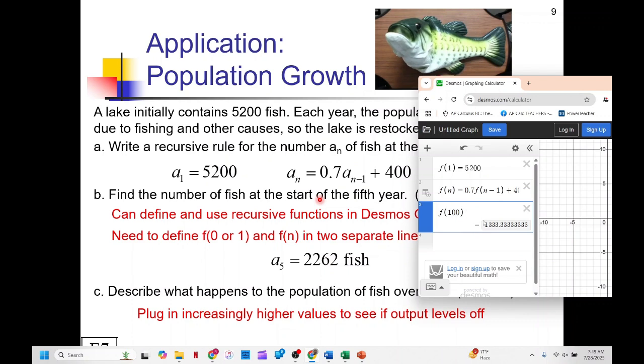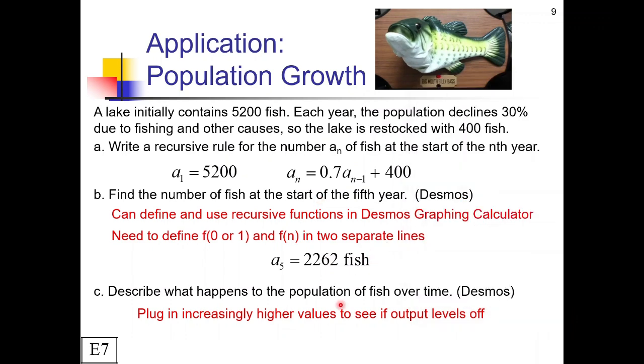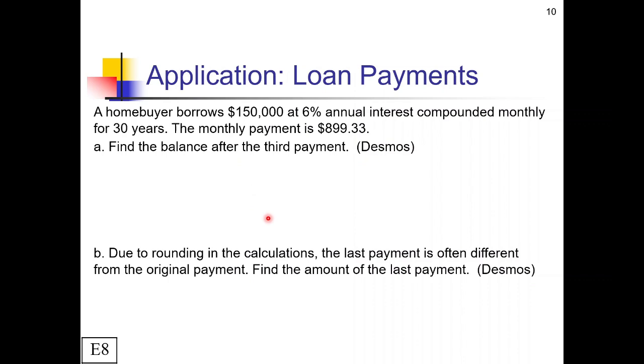And this is like 1,333.33. Can I add another 0 there without breaking Desmos? It looks like I can. Cool. So I think we could keep adding zeros, but it's pretty conclusive that this thing has leveled off at 1,333 fish.